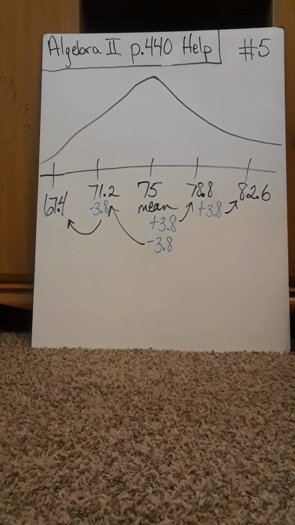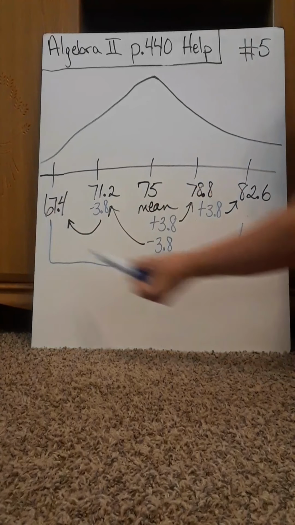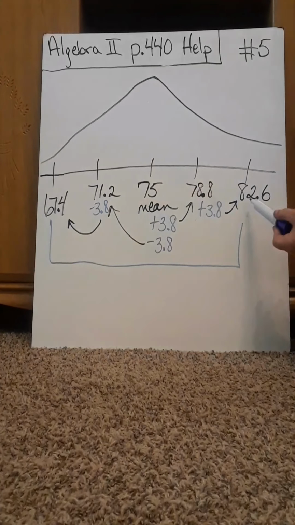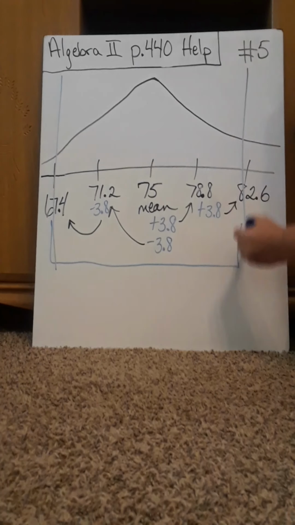Okay, now let's read the question. Number 5 says, what percent of the data is from 67.4 to 82.6? Well, find those numbers on your number line. If they're not on your number line, then you may need to go some more standard deviations out. But if you look, you will see that both of those numbers are on my number line. 67.4 is down here and 82.6 is up here. So if I want to know what percentage of my data lies from here to here, then I need to go to those percentages that are in your notes and that we talked about in the lesson video.